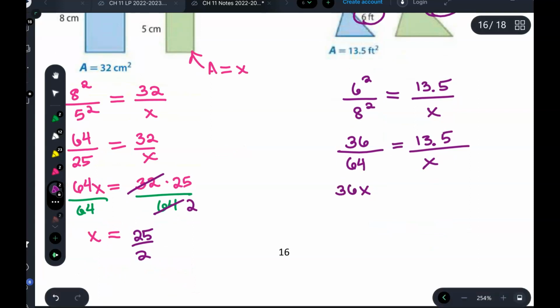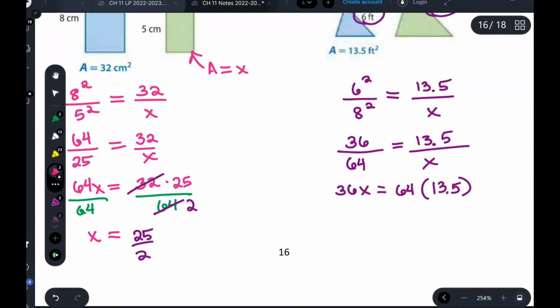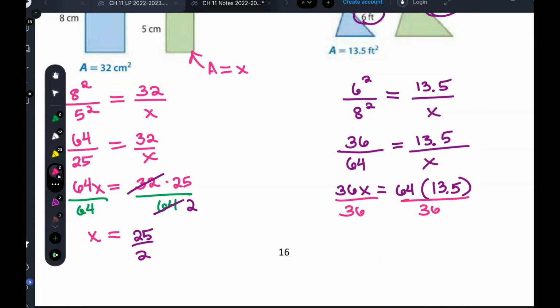So 36x. He didn't say it, he whispered it to me. That was math. Is it wrong? That would be funny.